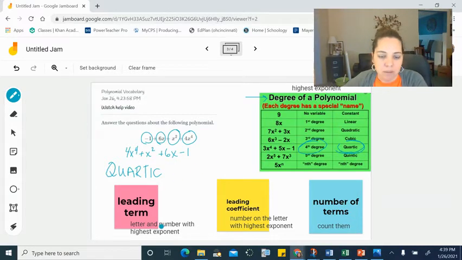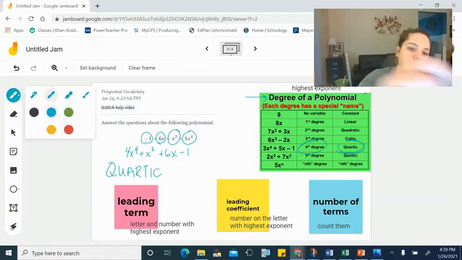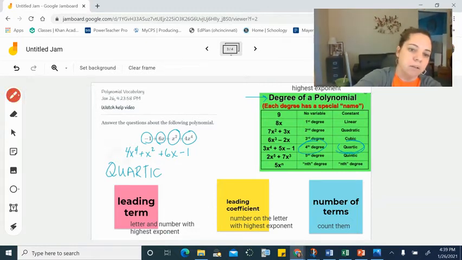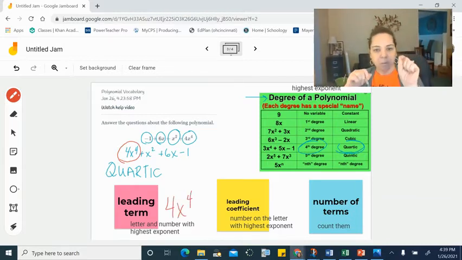Leading term means once you've got them in the right order, it should be the one out front leading the way. But if you don't put them in order, you have to remember that it's the letter and the number that go with the highest exponent. So this little guy out here is our leading term, 4x to the 4th, because that exponent is 4.